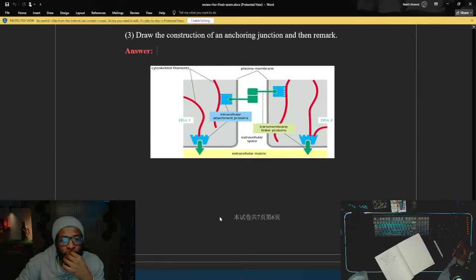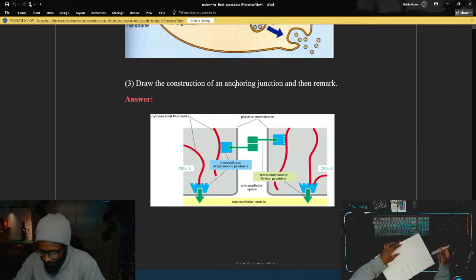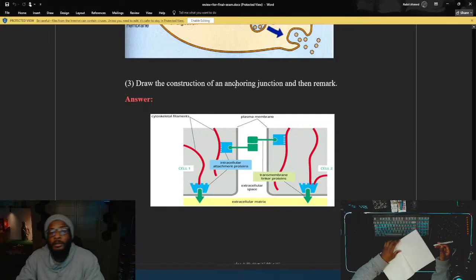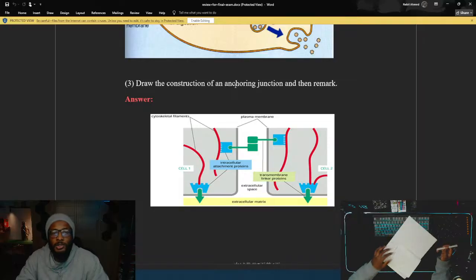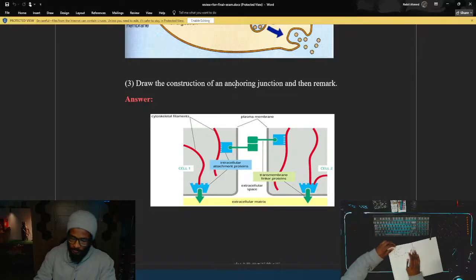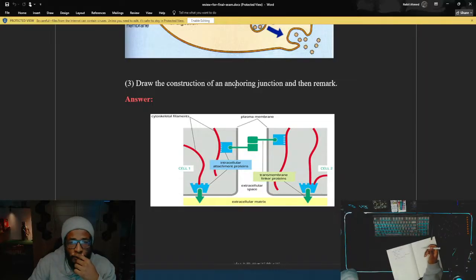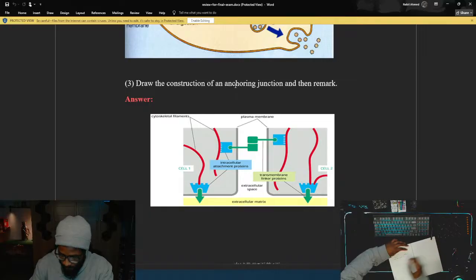Okay, let's see. Draw the construction of an anchoring junction and then remark. So I'm drawing out the transmembrane linker.